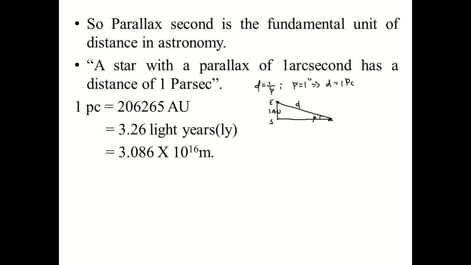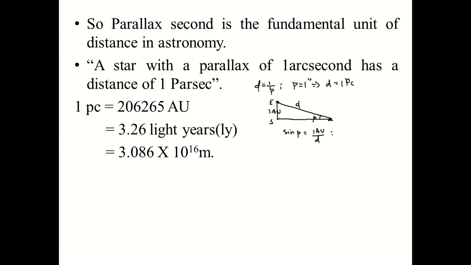Before that, using this triangle, I am considering the equation sin p is equal to 1 astronomical unit by d, that is opposite side by hypotenuse. Sine of an angle is the opposite side by hypotenuse. So here sin p is equal to 1 astronomical unit divided by d.